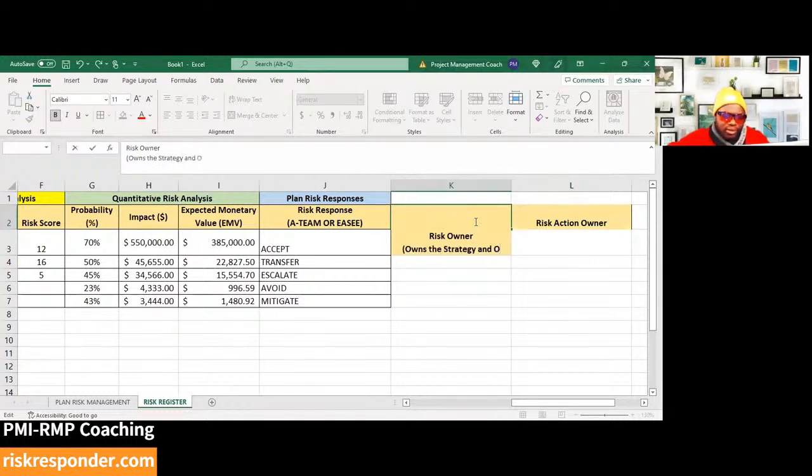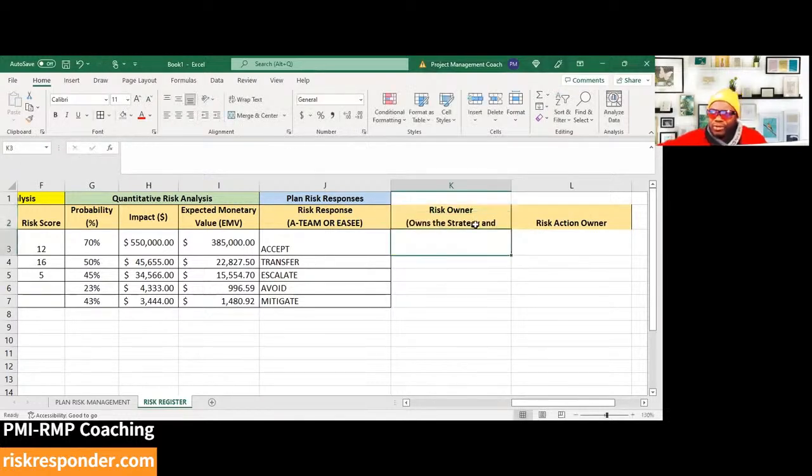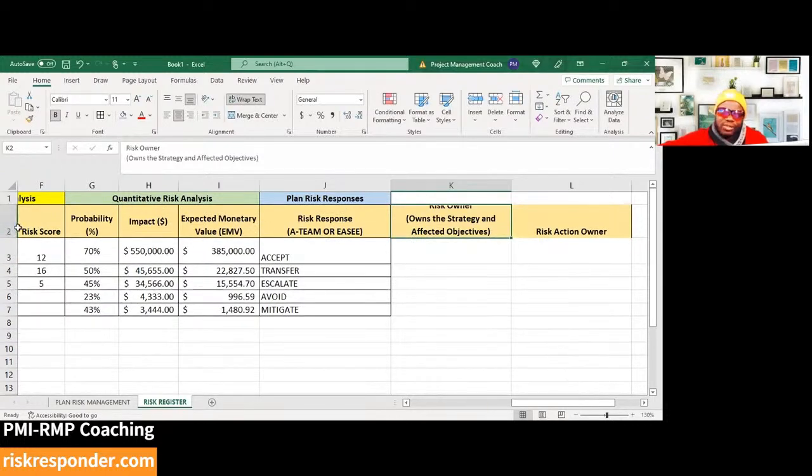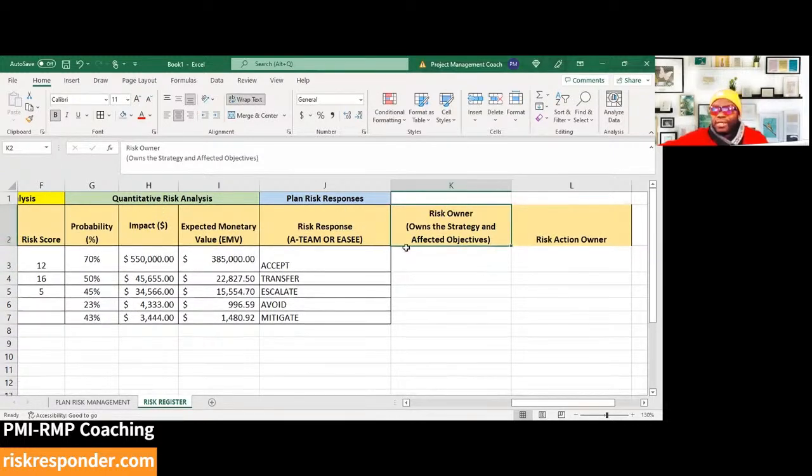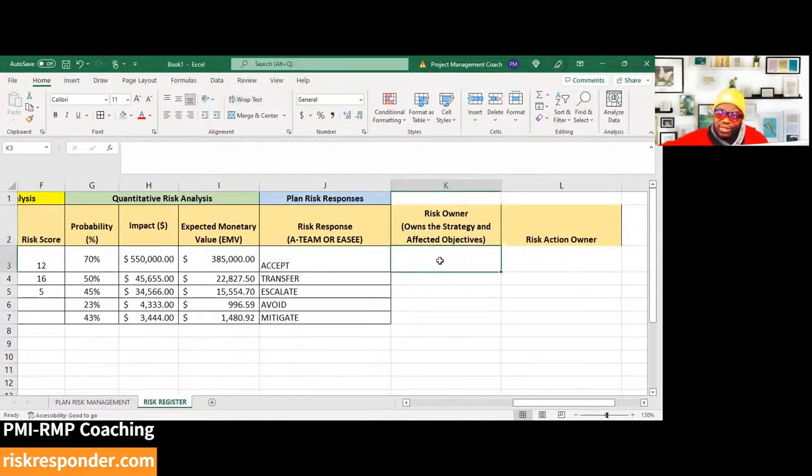and affected objectives. Most of the time, your risk owner is going to be the person whose objectives are somewhat impacted. So it could be a stakeholder. Let's say you got a risk associated with the finance department. The risk owner could be the head of finance, for example.